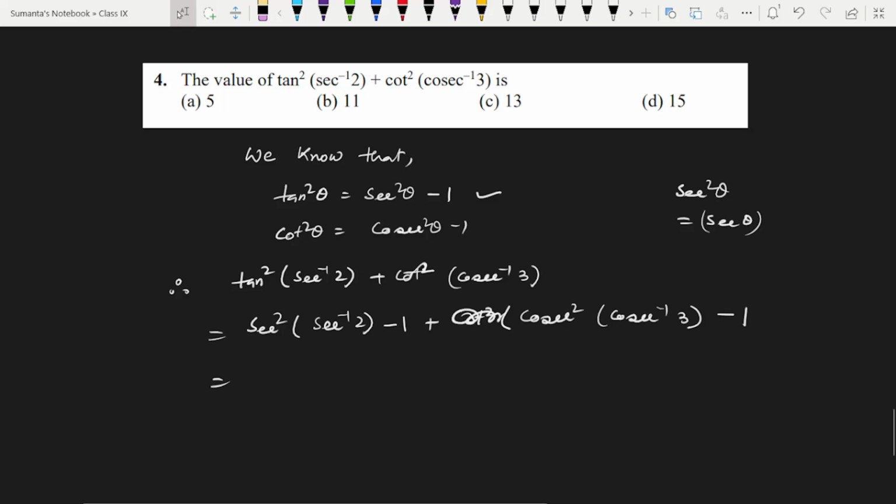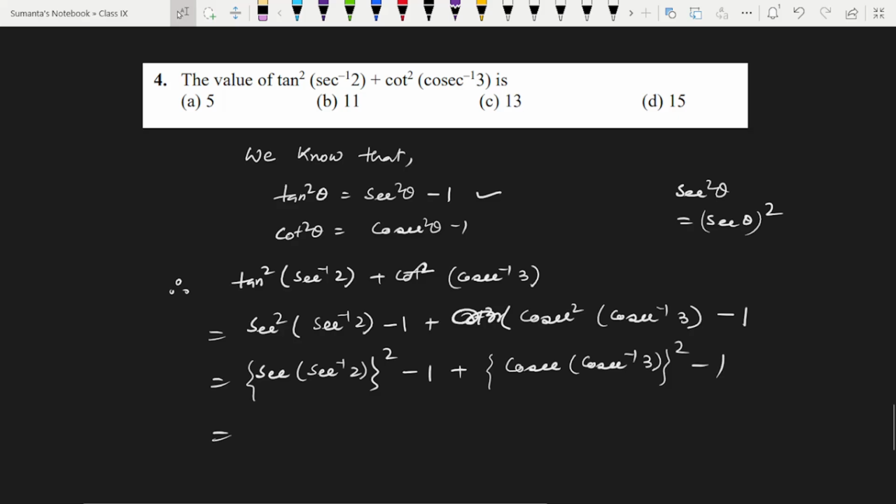So this can be represented as sec square sec inverse 2, which is sec of sec inverse 2 whole square, minus 1, plus cosec square cosec inverse 3, which is cosec of cosec inverse 3 whole square, minus 1.